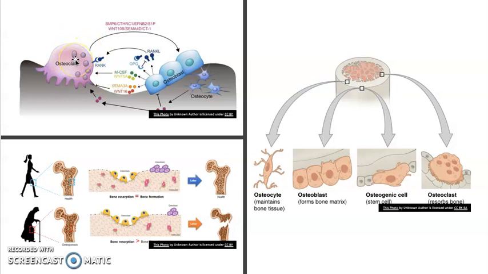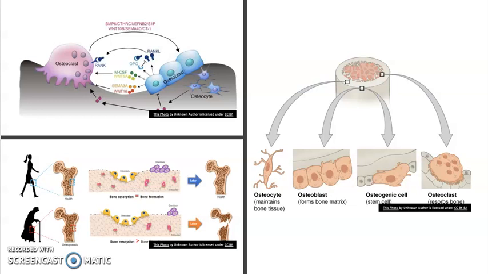Osteoclasts break down the calcified matrix. So bone resorption, removal of bone, is the action of osteoclasts. Afterwards, osteoblasts invade, replacing cartilage with bone tissue. So bone deposition, in other words, formation of bone, is the action of osteoblasts.